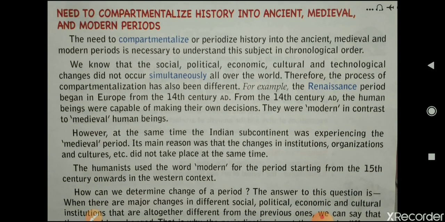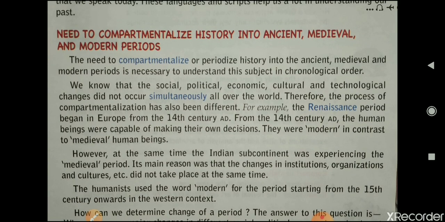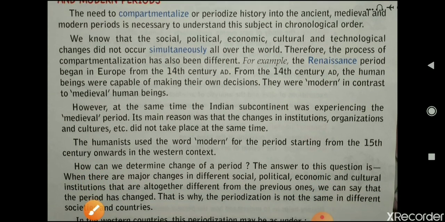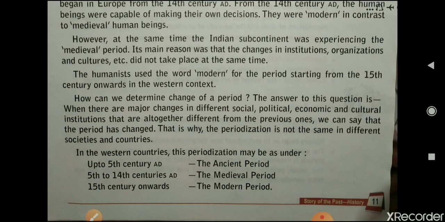Then the need to compartmentalize history into ancient, medieval and modern period, that is, how our history was compartmentalized into ancient, medieval and modern periods. In western countries this periodization is as under: up to 5th century the ancient period, 5th to 14th century the medieval period, and from the 15th century onward the modern period begins.